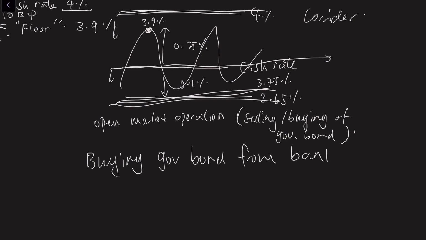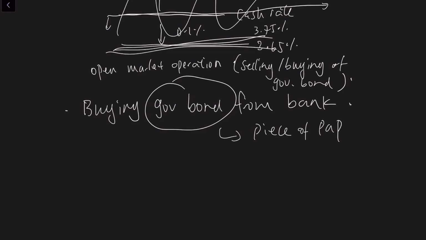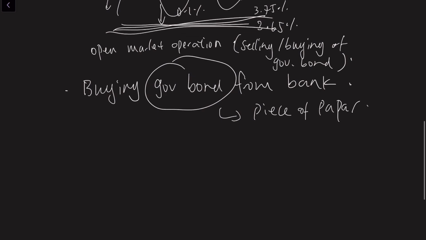So let's walk through the logic here. So you buy a government bond from the bank. A government bond is a piece of paper. It is the promise that the government will repay your interest and repay your principal. But it is essentially just a piece of paper. So for buying, you need to pay money. You need to pay cash.